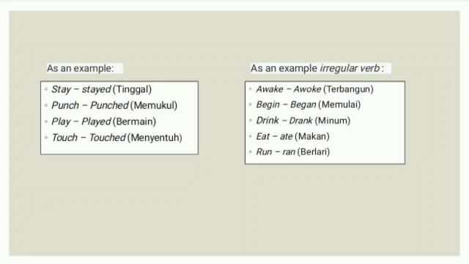Example of irregular verbs: awake, awoke, terbangun; begin, began, memulai; drink, drank, meminum; eat, ate, makan; run, ran, berlari.